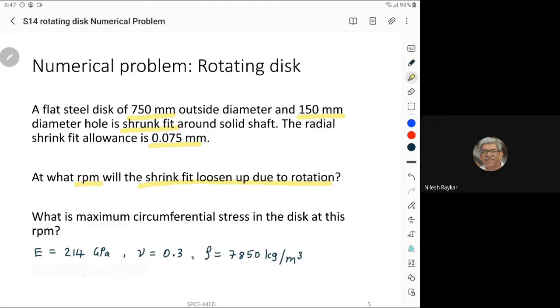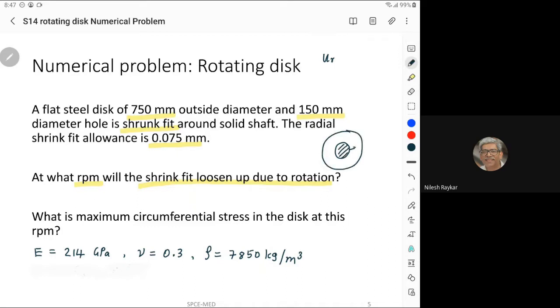Now, what it means is that when both this assembly of shaft and shrunk fit disc start spinning, the shaft will expand by certain amount. So shaft expansion, radial expansion of the shaft. So you have the shaft and then surrounded by the disc.